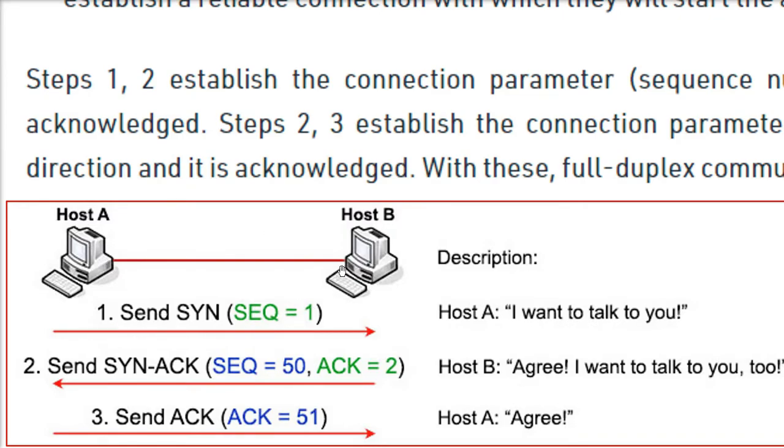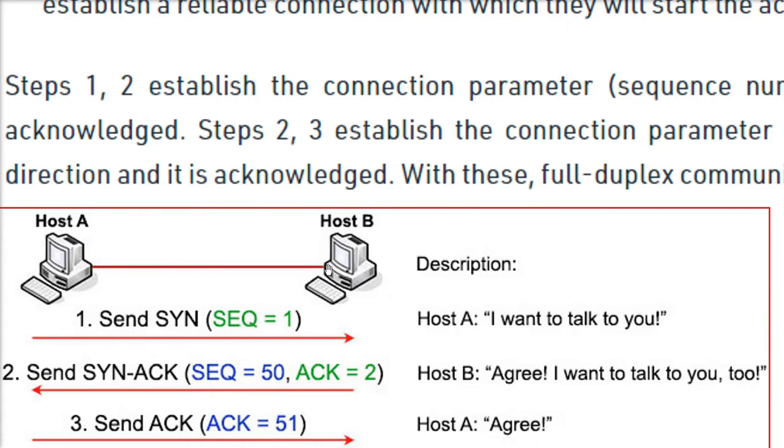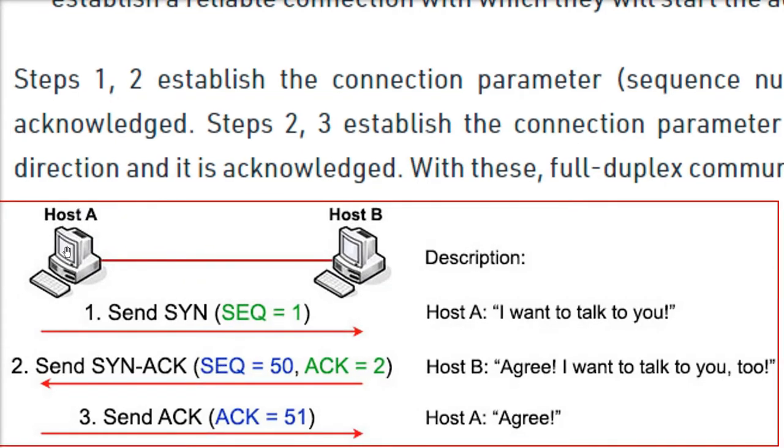Now what will host B do? It will send something like, agreed, I also want to talk to you. Now host A will again get back to host B and say, okay, agreed.